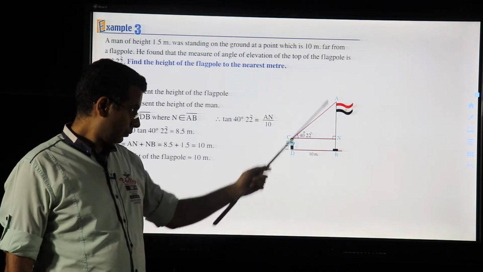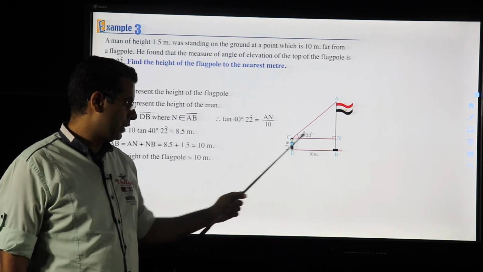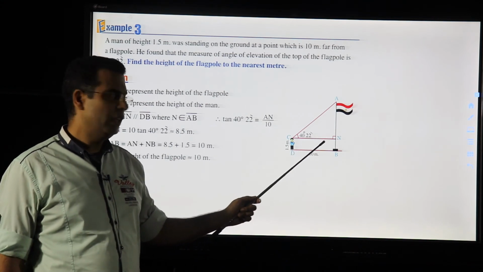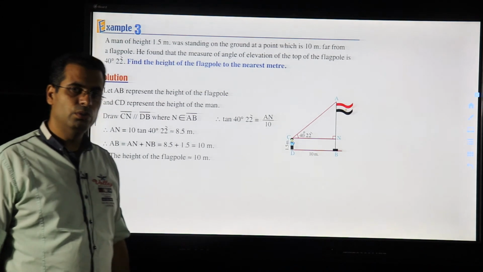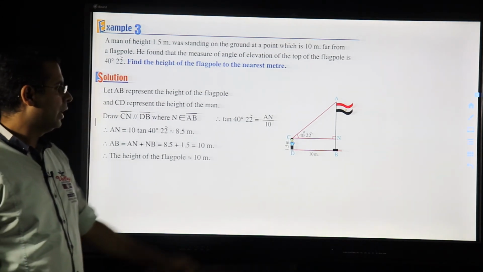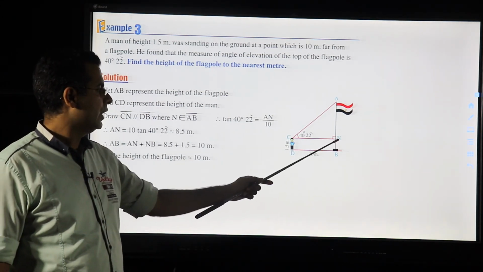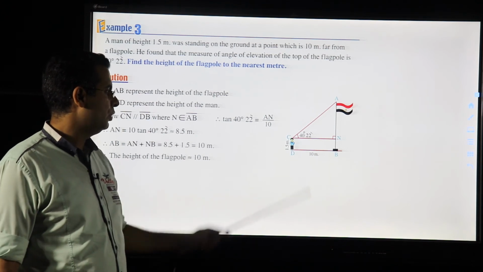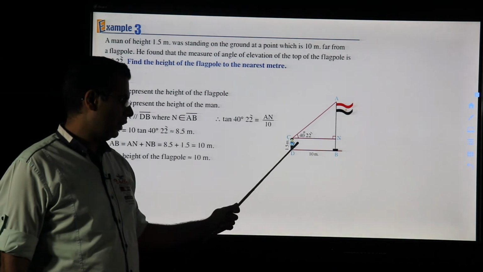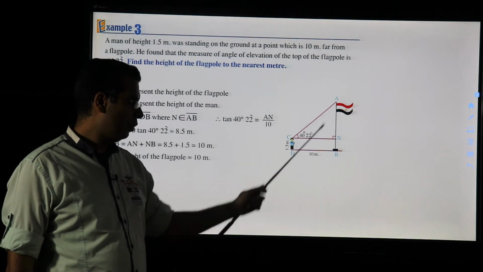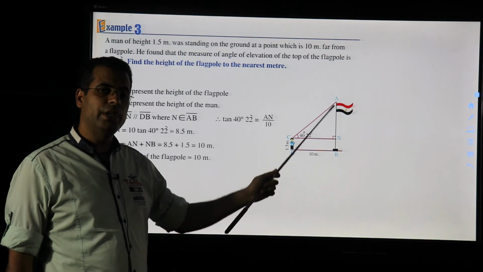We have triangle ANC. N is a right angle. The measure of angle ACN is 40 degrees 22 minutes. We want to find AN. Of course, NC equals BD, which is 10 meters. We have NC, 10 meters, and we have the measure of angle C. We have the adjacent, and we want to find the opposite, which is AN.